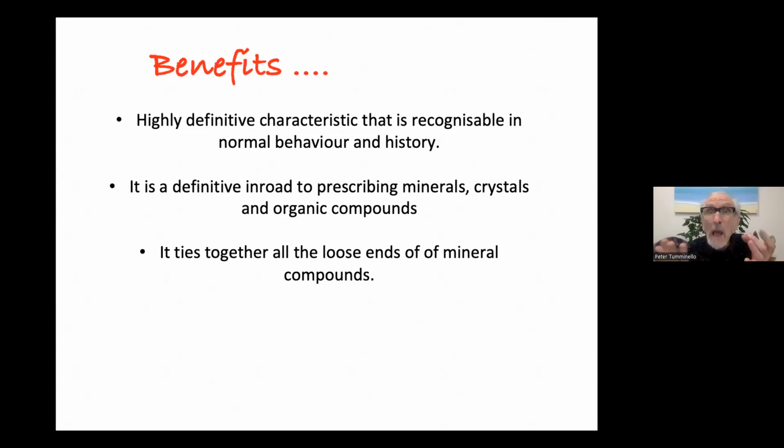Crystal structure helps differentiate between all these. I don't know if you know, but there are 3 nat sulfs in homeopathy. That's sodium and sulfur compounds. They all have different crystal structures, hence differentiation.